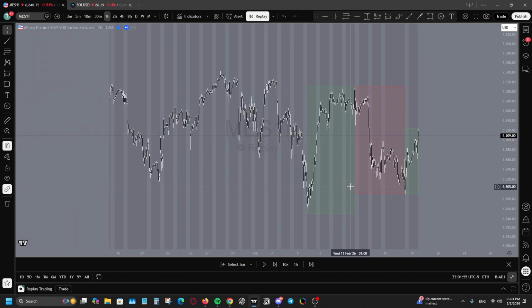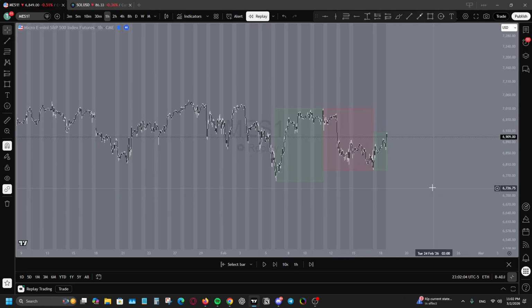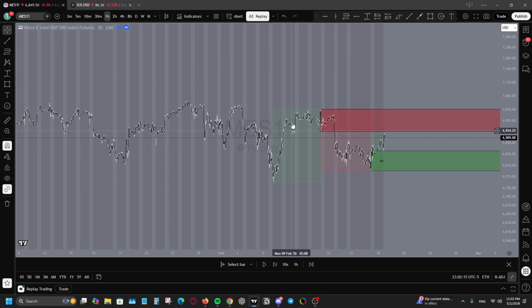Price is trading within this range right here, and this was also within this range here, so there are no breakouts. What price can really do is just reject these highs, come back, and bounce from these lows, because we're just sideways. Sideways trends. And then boom, here as well. This is the outside range, and this is sort of the inside range.